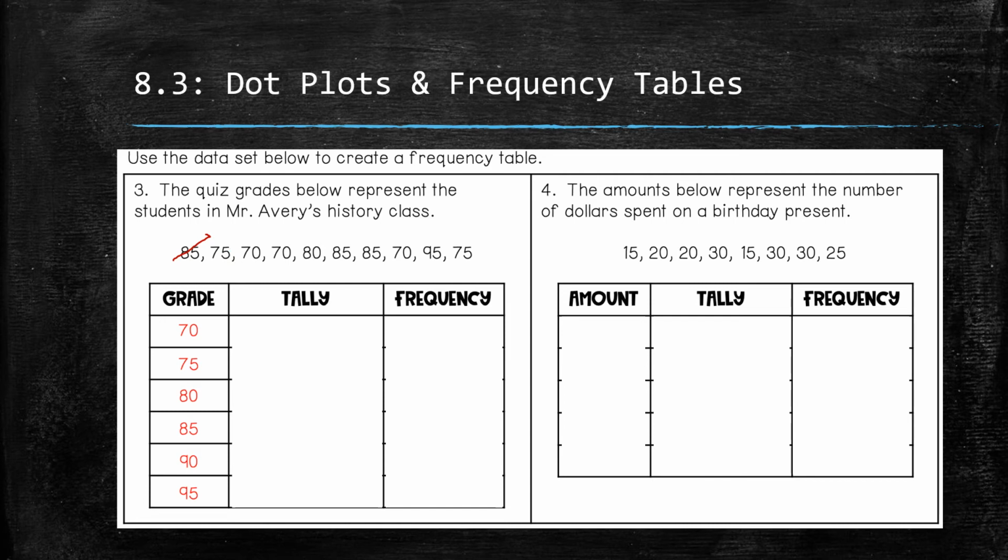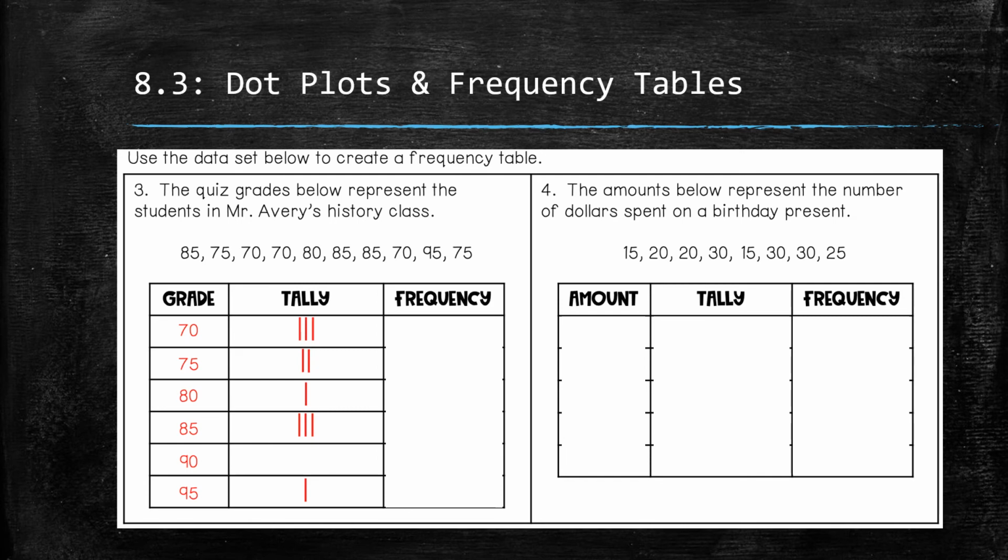I can't tell you how many times in my math career as a student I did that. So just take your time to cross them out as you make your tally marks. It will lessen your chances of making a mistake.